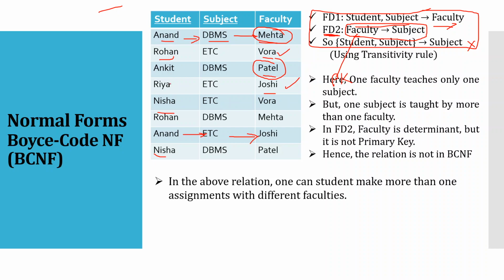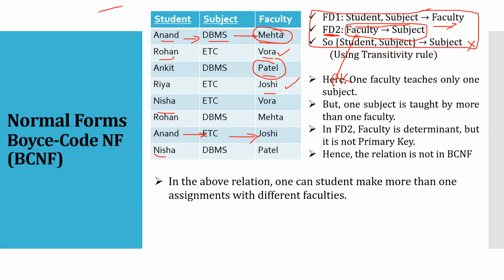So one student is doing more than one assignment with different faculties. Is this true, everyone? Same Anand is doing an assignment of ETC with Joshi sir. So is this possible? Yes, everyone?